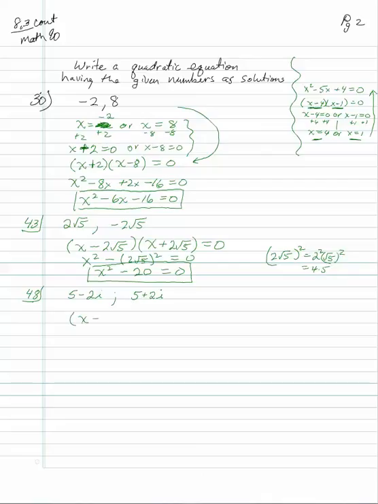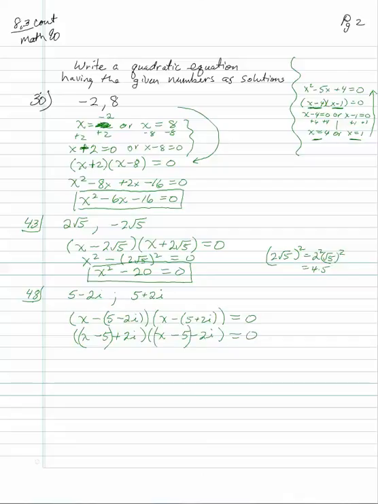Anyway, you can do x minus the quantity 5 minus 2i, x minus the quantity 5 plus 2i, equals 0. Now what I'm going to do is distribute that minus sign. And then I'm going to view it as the x minus 5 in parentheses that way.